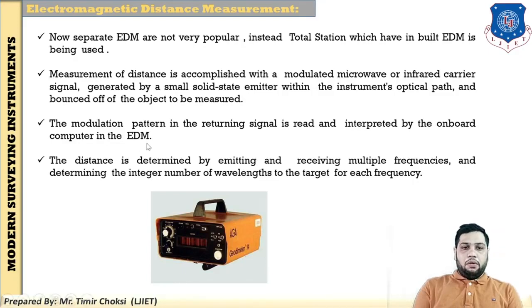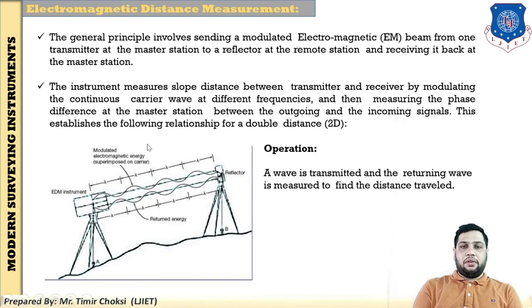Now, what is the general principle of electromagnetic distance measurement? The general principle involves sending a modulated electromagnetic beam. You know that this instrument is based on electromagnetic waves. The beam goes from one transmitter at the master station to be reflected at the remote station, and is received back at the master station.